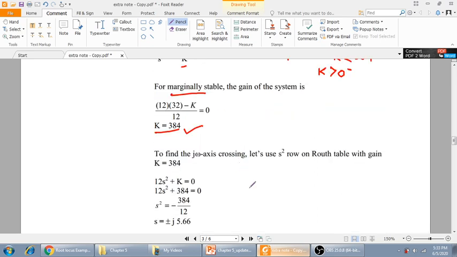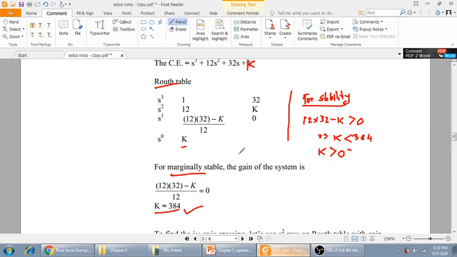Now we need to find the value of s at the marginal value, the coordinates on the j axis. How we can find that is very easy. You consider the auxiliary equation as a second order equation.